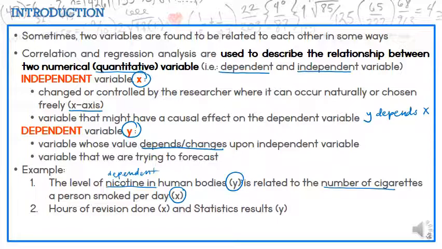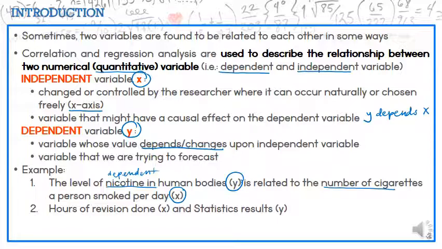Another example is hours of revision done and your statistics results. Again, logically, your statistics result will depend on the hours of revision done.